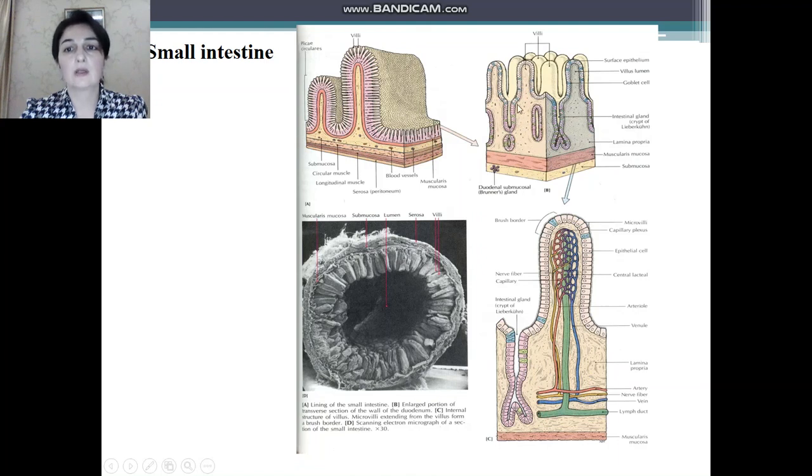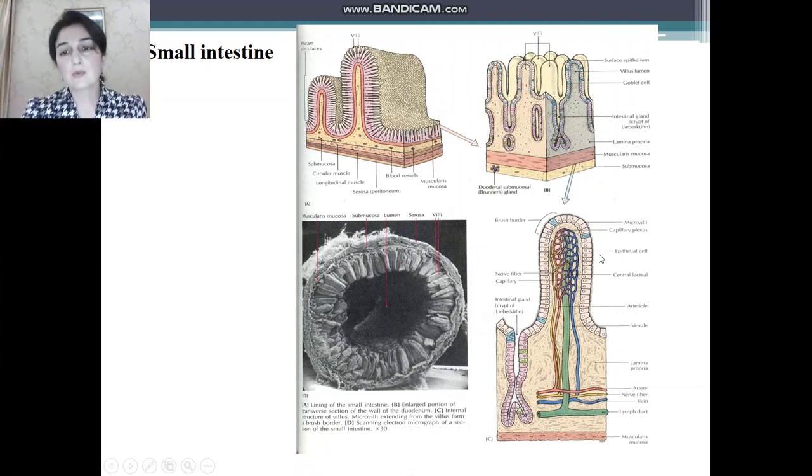They are called crypts of Lieberkühn or intestinal glands. All of these projections, invaginations, and folds are needed to increase the surface area of the intestine. That is very important for its proper functioning.